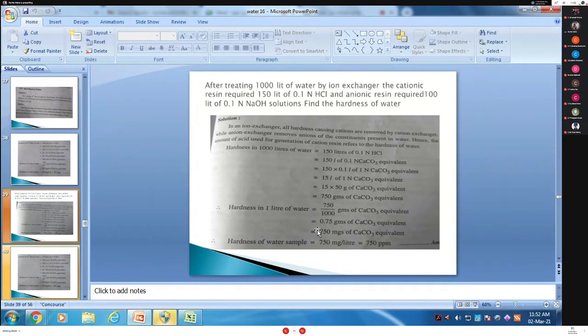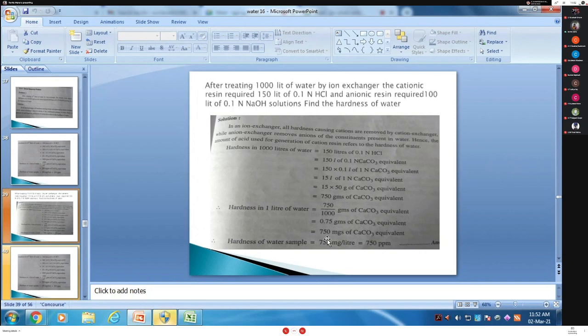What is the answer? 0.75 grams of CaCO3 equivalent.